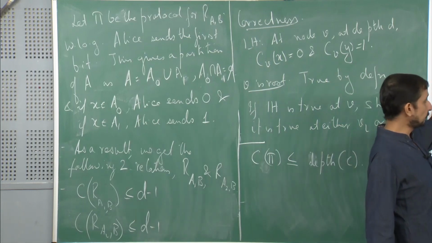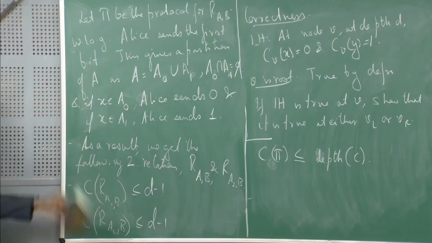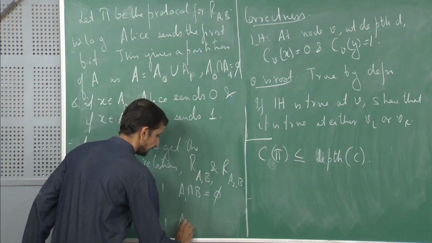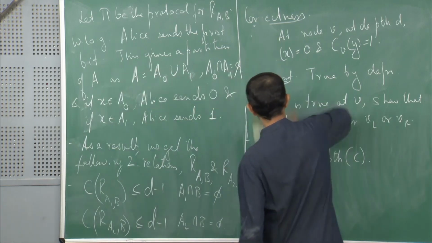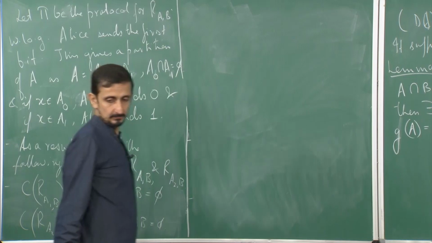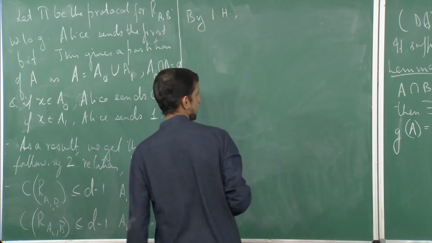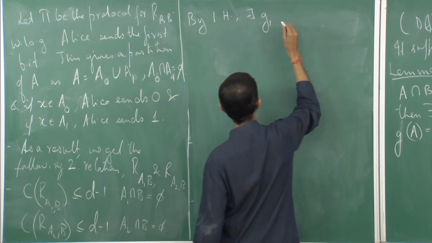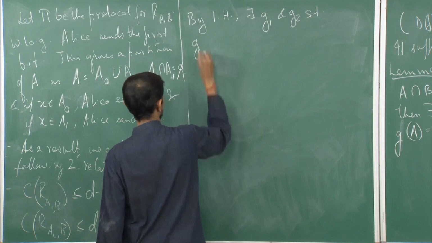What else can we say? Well, we have to make sure that the hypothesis is satisfied. So this part is satisfied. A1 and A2 and B are of course subsets of 0, 1 to the power n, that is clear. We also have that A1 intersect B is empty and A2 intersect B is empty, because A1 and A2 are subsets of A. So because it is for d minus 1, by induction hypothesis, there exist G1 and G2 such that, let's look at G1 first.